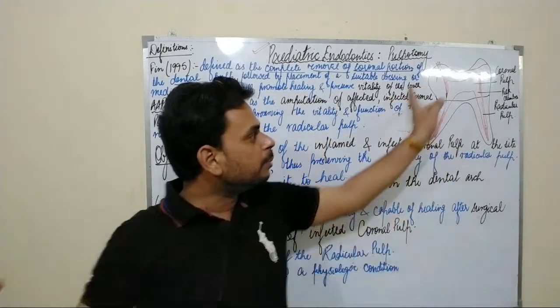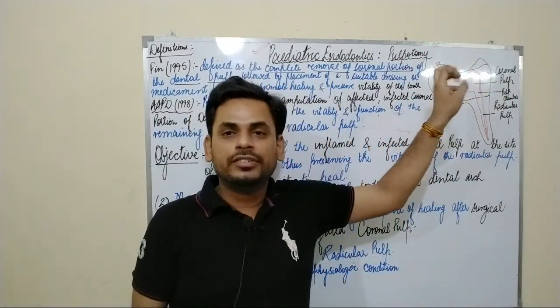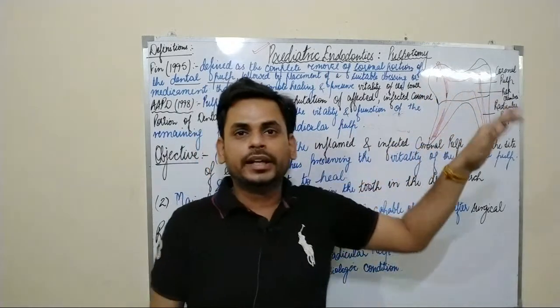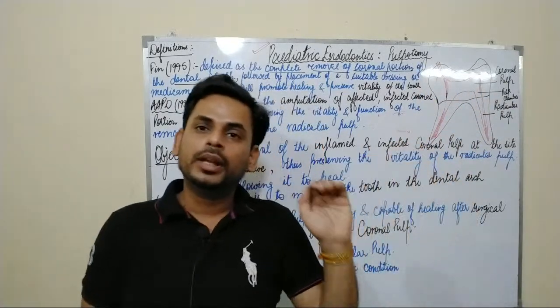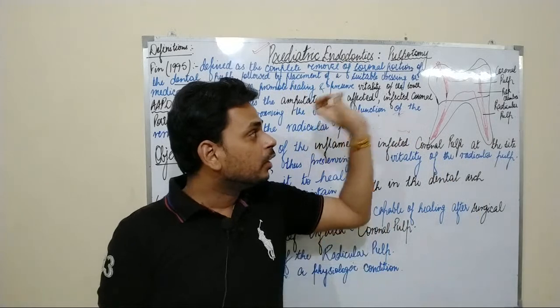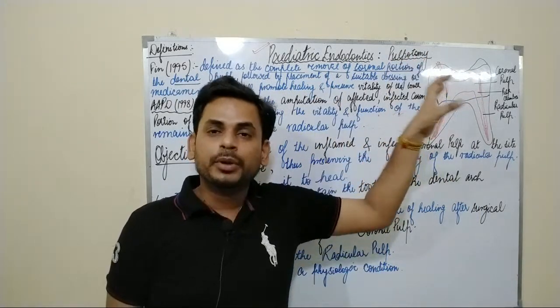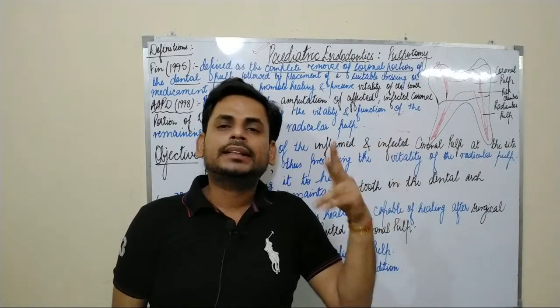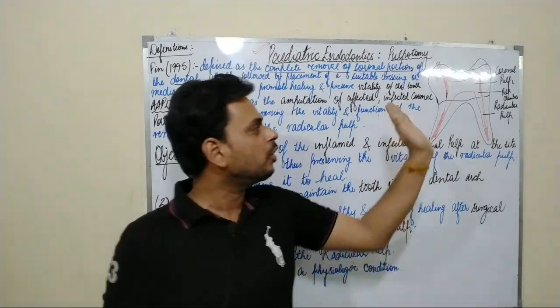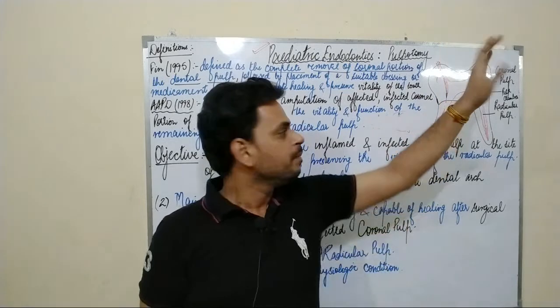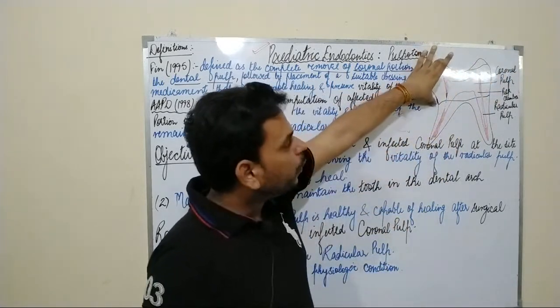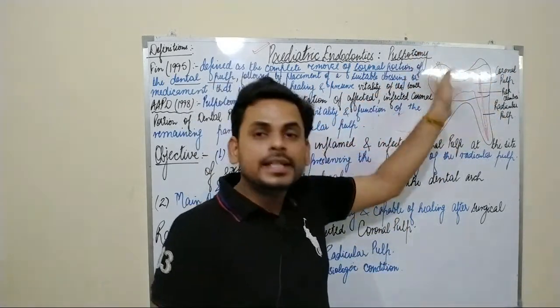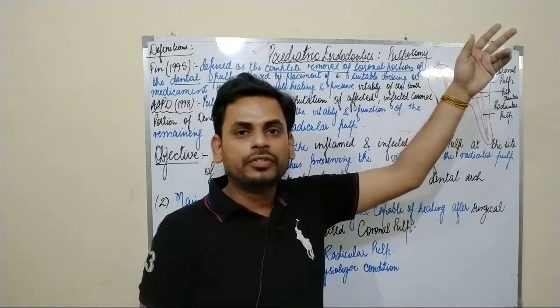So the coronal pulp is going to be inflamed or infected. Since only the coronal pulp is inflamed or infected, we are simply going to excise it. The partial removal of the pulp has to be done, so the coronal pulp needs to be cut off and removed from the pulp chamber.